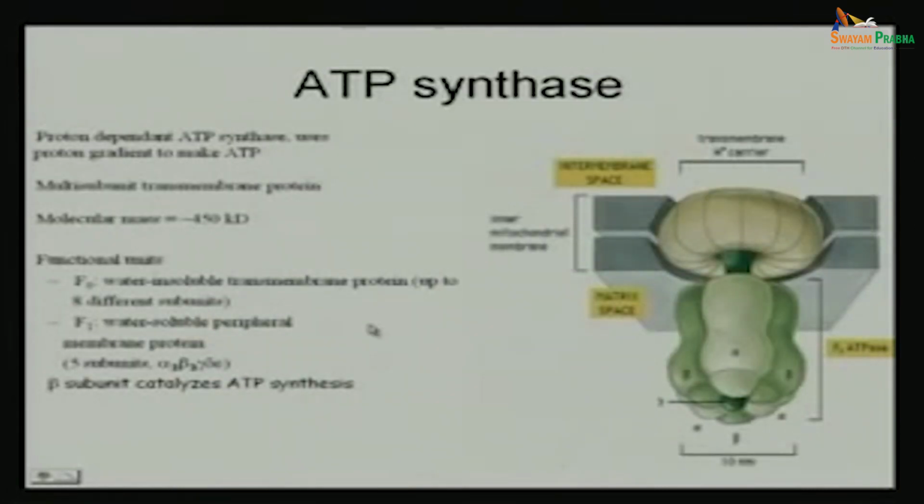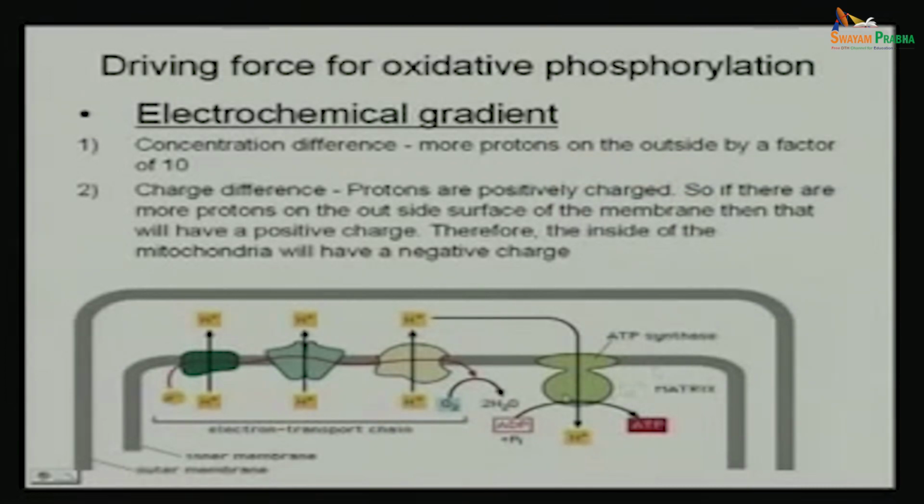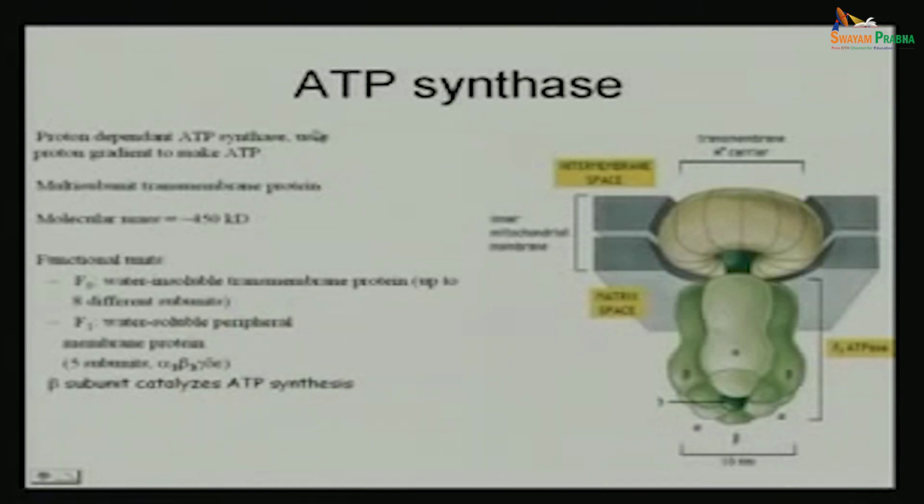Now if we come to this ATP synthase and learn a little more about this enzyme, we will find that it is a very interesting enzyme. ATP synthase is a proton-dependent ATP synthase, and it uses the proton gradient to synthesize ATP.